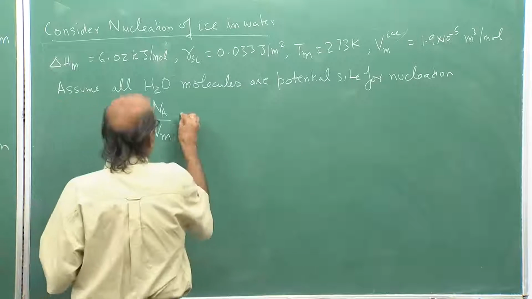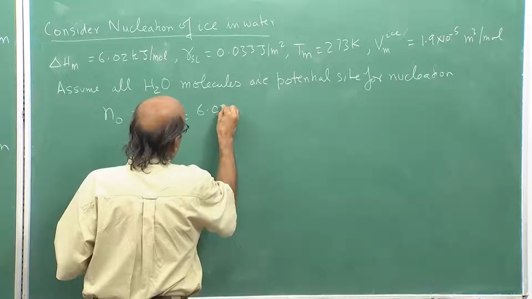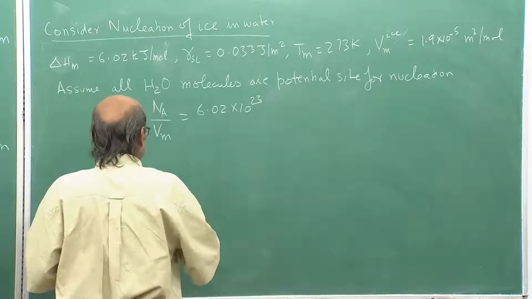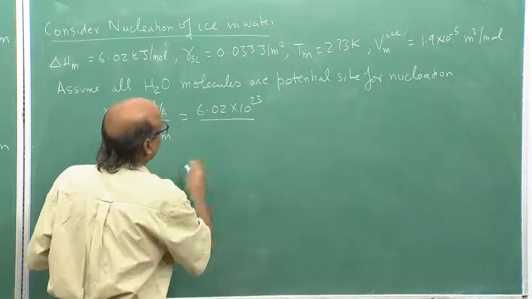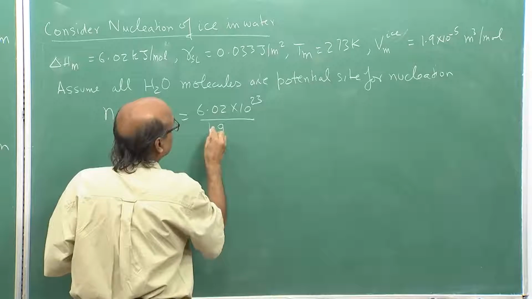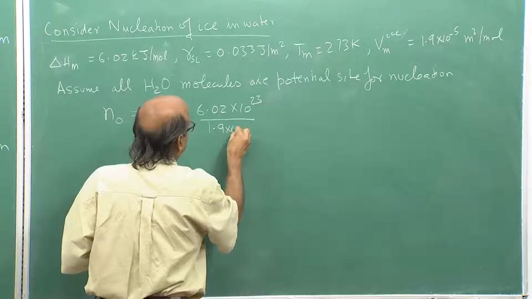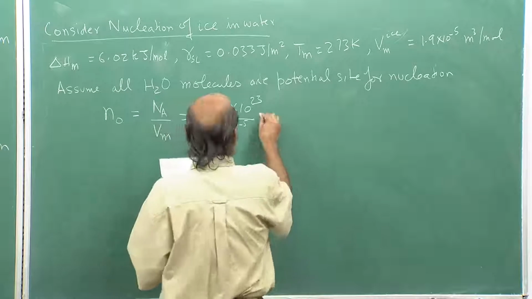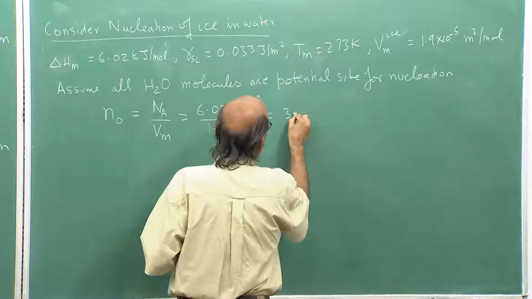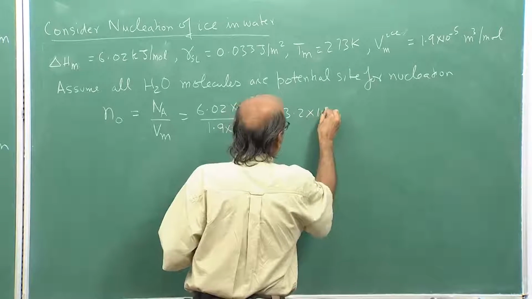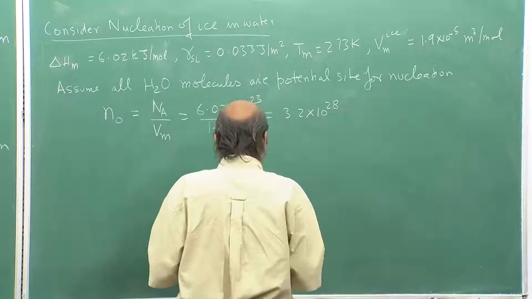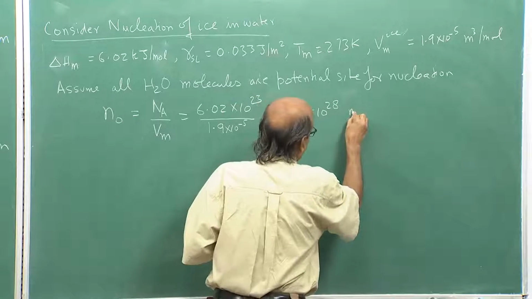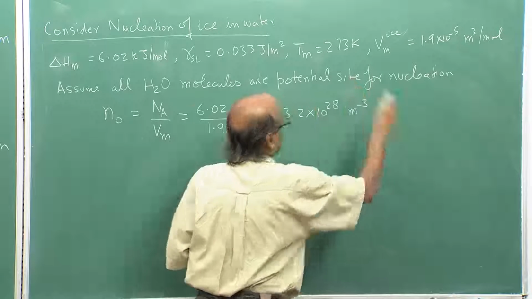So, Avogadro number, if I take as 6.02 into 10 to the power 23, divided by the molar volume for ice, which is 1.9 into 10 to the power minus 5 meter cube per mole, this gives me 3.2 into 10 to the power 28 potential nucleating sites per meter cube.